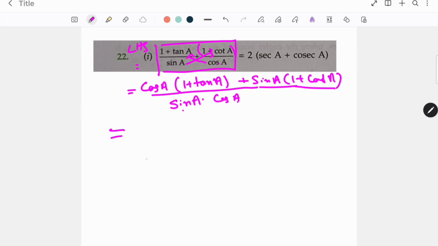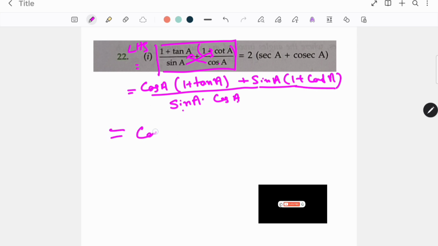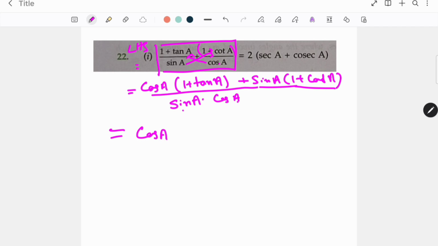Now what we'll do, we'll multiply this cos A with both the terms, cos A into 1 and this cos A with the next. It will be cos A into tan A. Same thing we'll be doing with the second case. Here also we'll multiply sine A into 1.